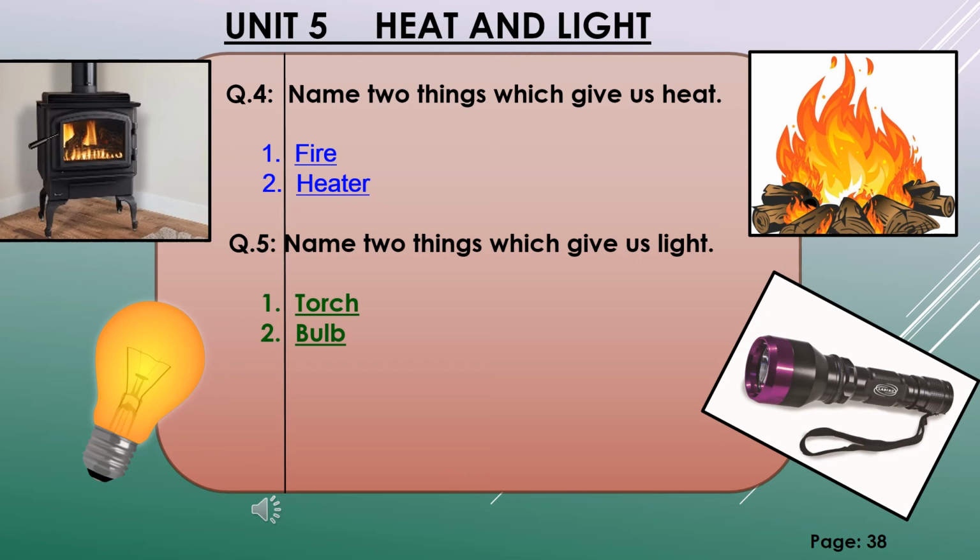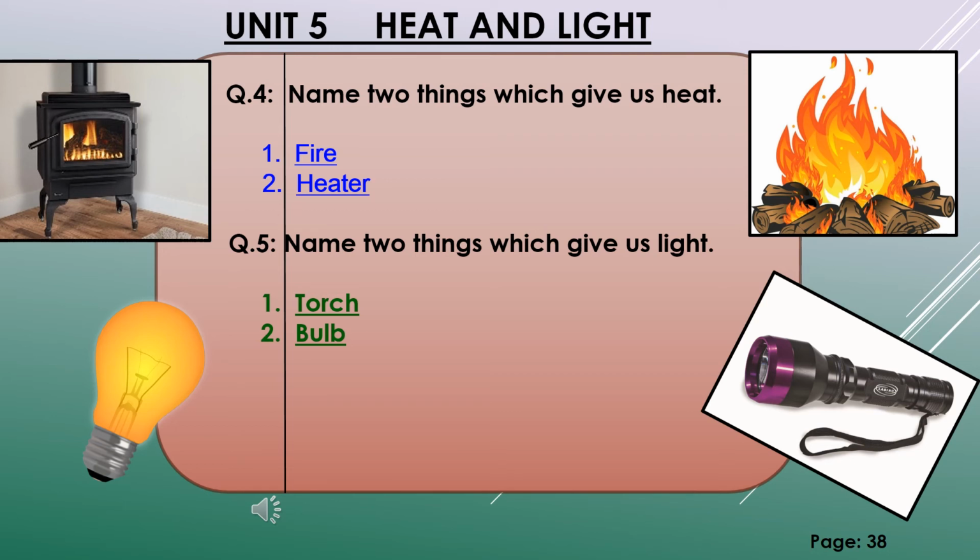You have to write any two names of the things from where we can get heat to cook our food, heat to keep us warm in winter. So I have written fire and heater. These are the two things from which we can get heat.